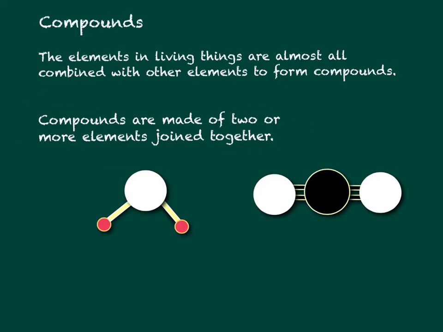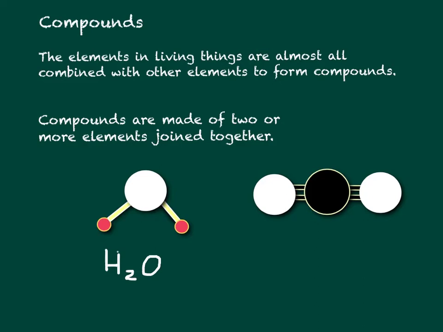So there are two examples here. This is a model of water, which is made up of two hydrogen atoms and one oxygen atom to form the compound water, which is written H2O. H2 because there are two hydrogen atoms.